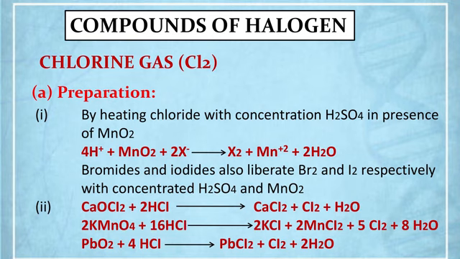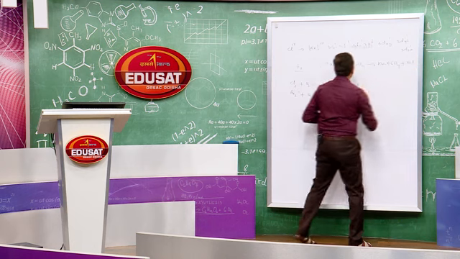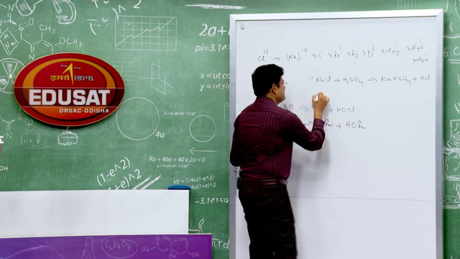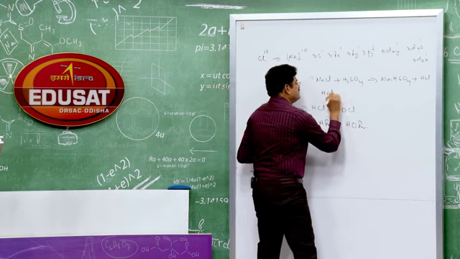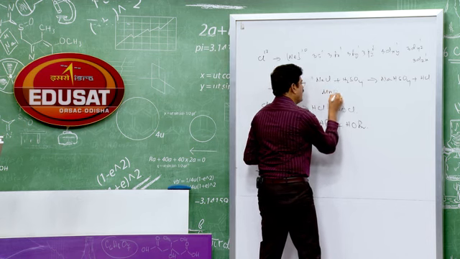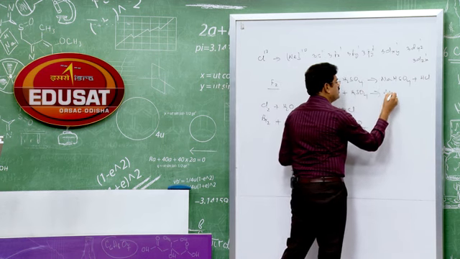MnO2 acts as an oxidizing agent. It oxidizes HCl. NaCl reacts with H2SO4 to form HCl. This HCl is then oxidized by MnO2.